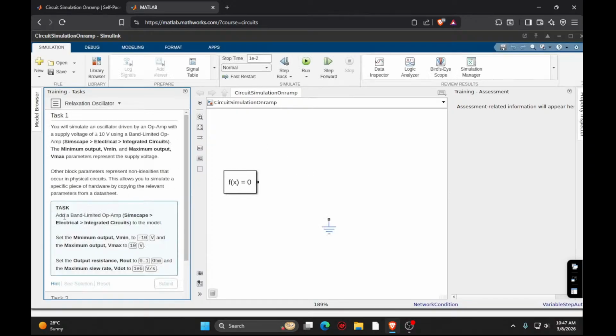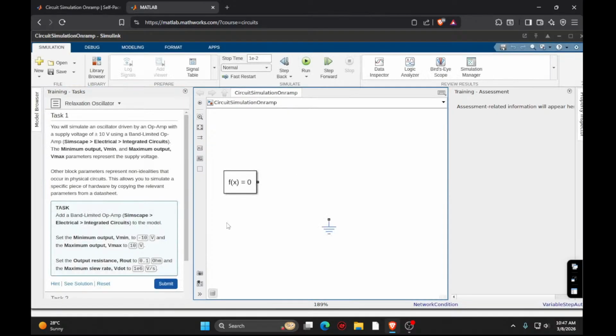Okay, so add a band-limited operational amplifier. Okay, so why is it not working?